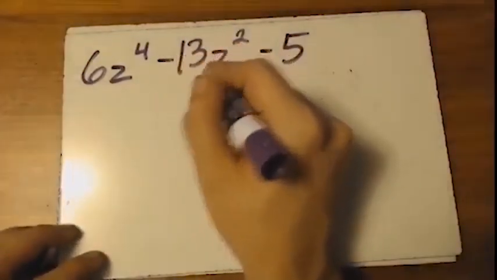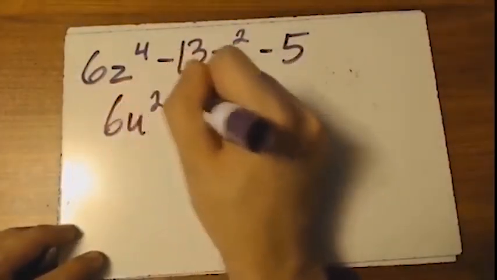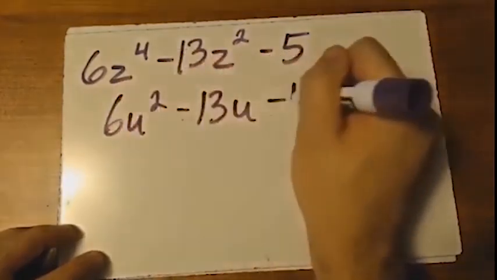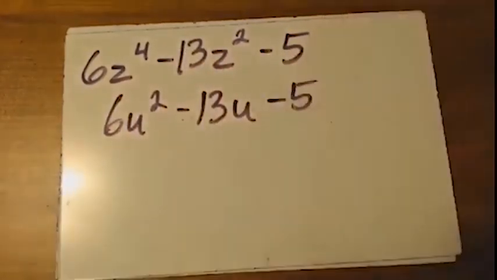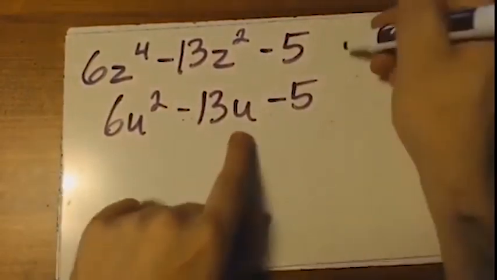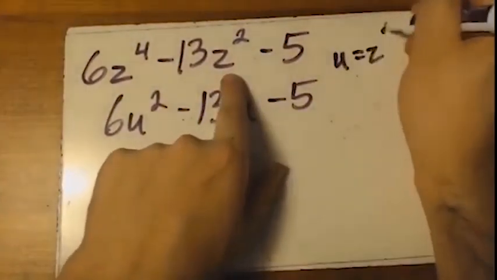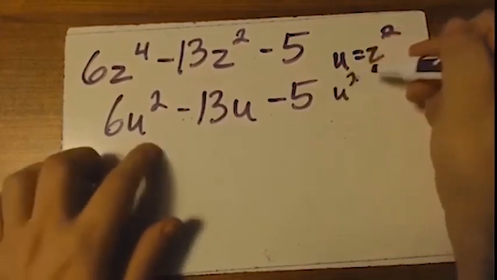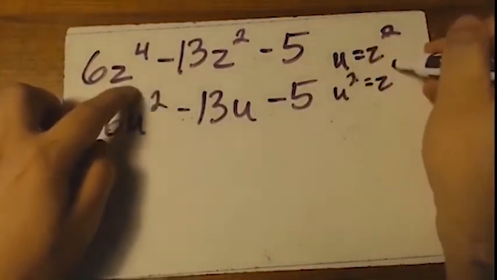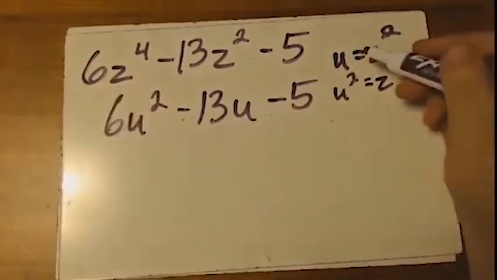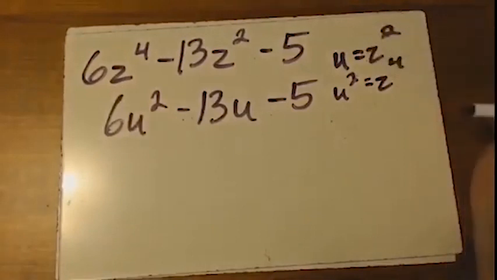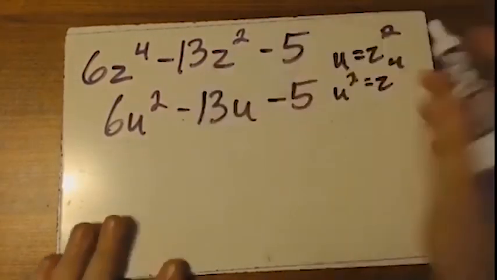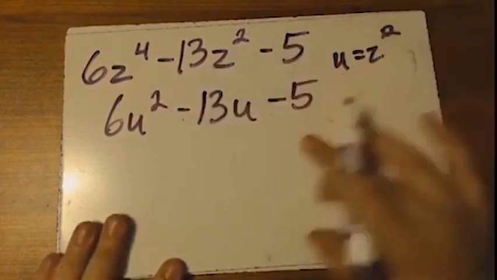But if this was 6u squared minus 13u minus 5, we'd be able to do that. So we're letting u be z squared, which means u squared is actually z to the 4th, because if we square z squared, it gives us z to the 4th. So this substitution with u equals z squared works.